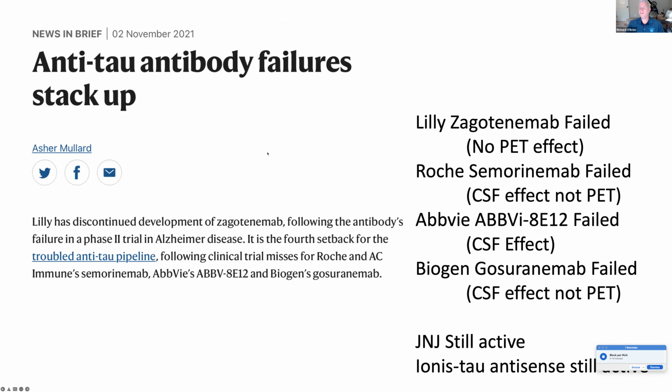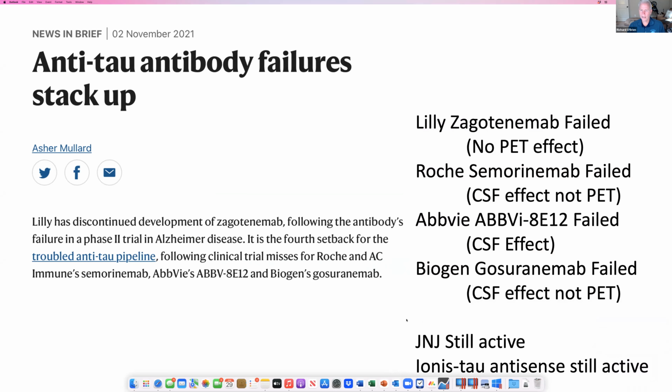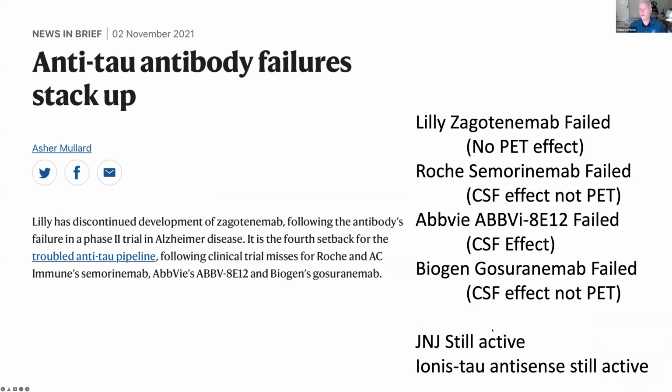In addition, there have been a ton of tau studies now. These are anti-tau antibodies to clear off tau. A Lilly drug failed, a Roche drug failed, an AbbVie drug failed, and a Biogen drug failed. There's still a J&J study ongoing of an anti-tau antibody, and there is an Ionis Biogen tau antisense drug still going on.